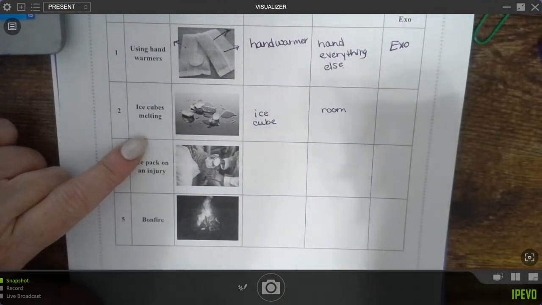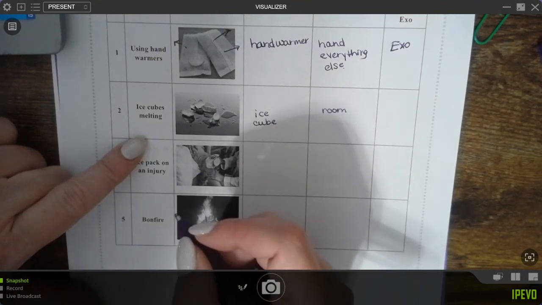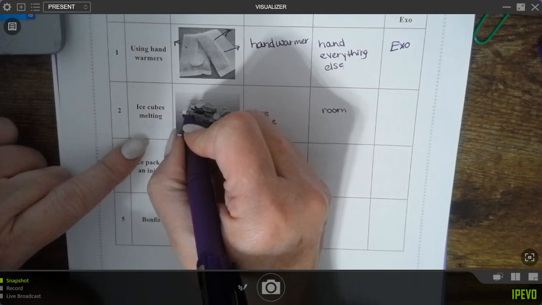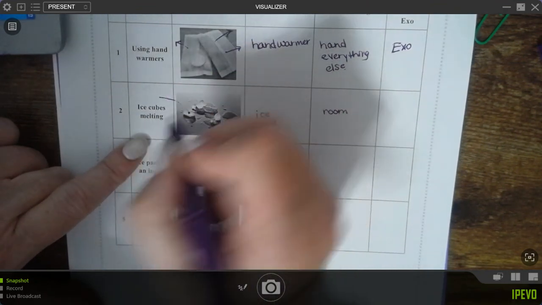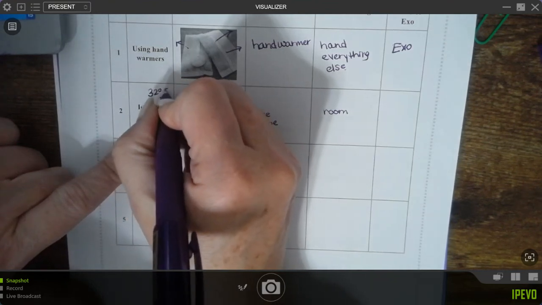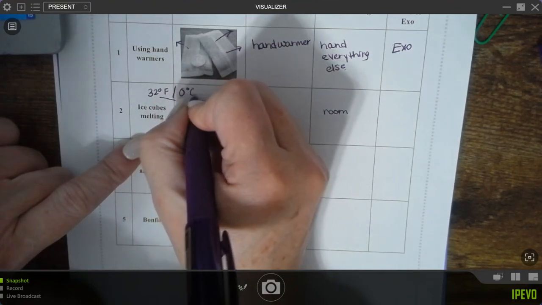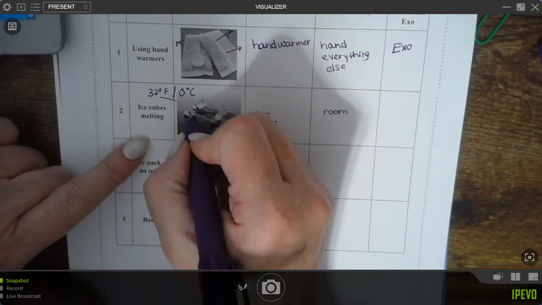Okay, now sometimes I've got to think about these. I've got to really focus on what is going on. So I have my ice cubes. And if you think about it, water freezes at 32 degrees Fahrenheit or 0 degrees Celsius. So that ice is essentially at 0 degrees Celsius.